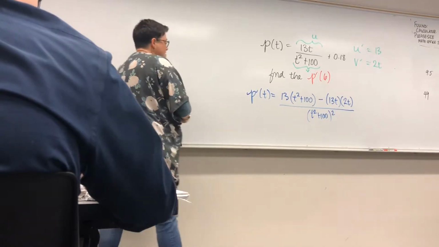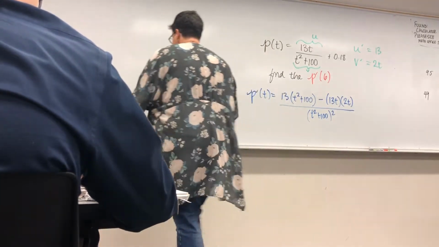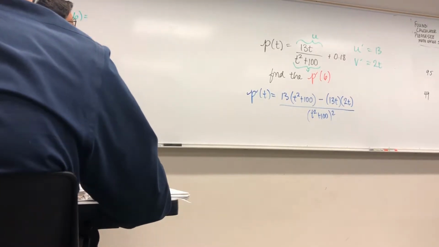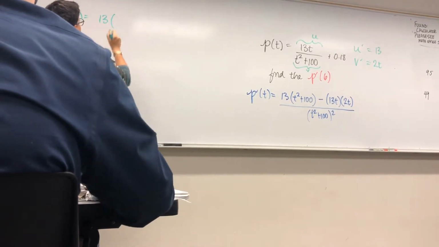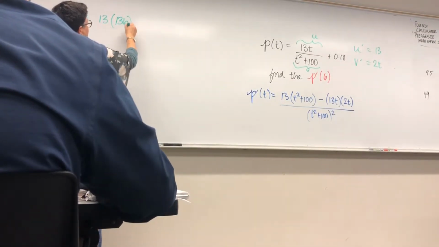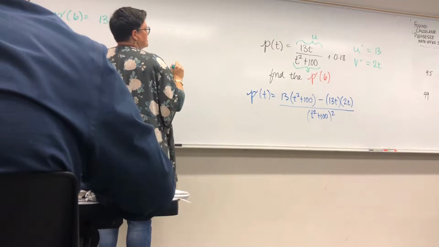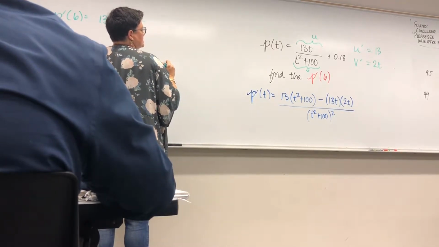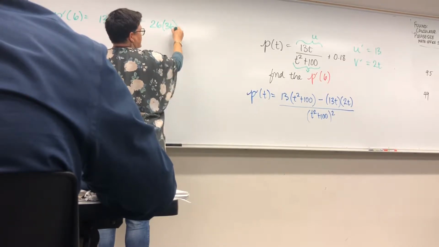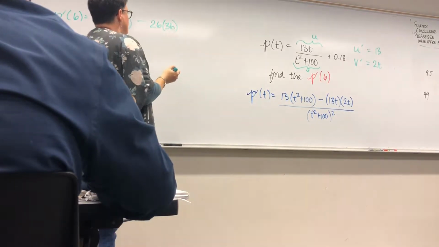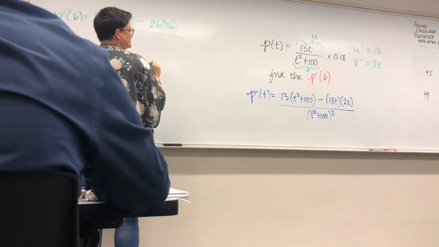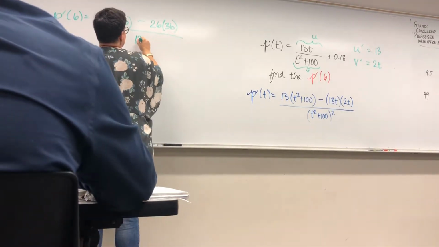Okay, anyway, so let's plug in the numbers and see what happens. So P prime of 6 equals 13 times, I'm going to skip a little, what's 6 times 6? So this is going to be 136 right here, minus 13 times 2 is 26 times 36, because that's t squared. T squared is going to be 36, divided by 136 squared.